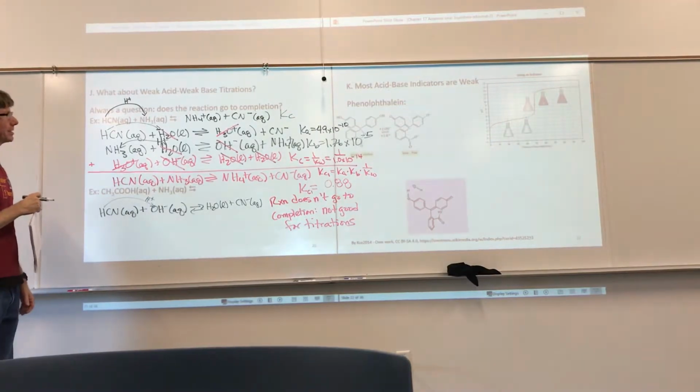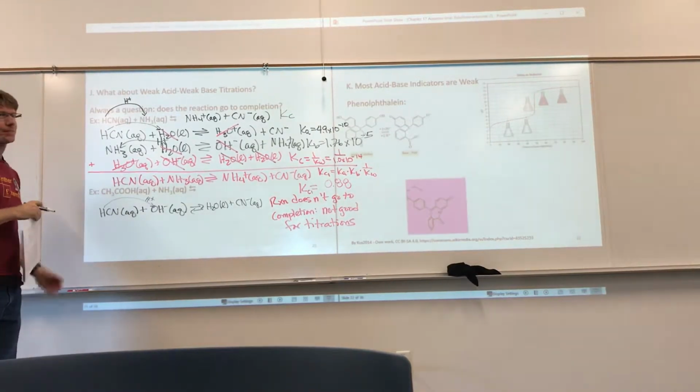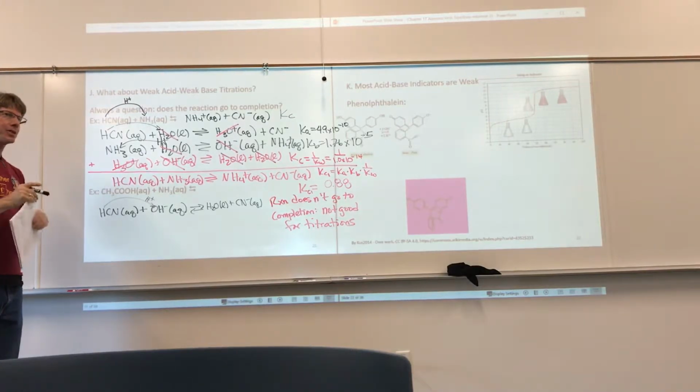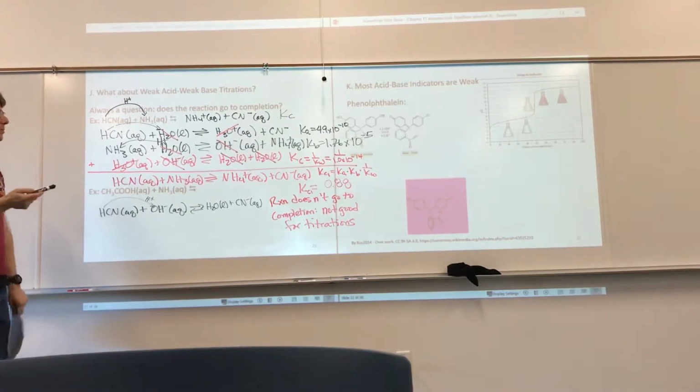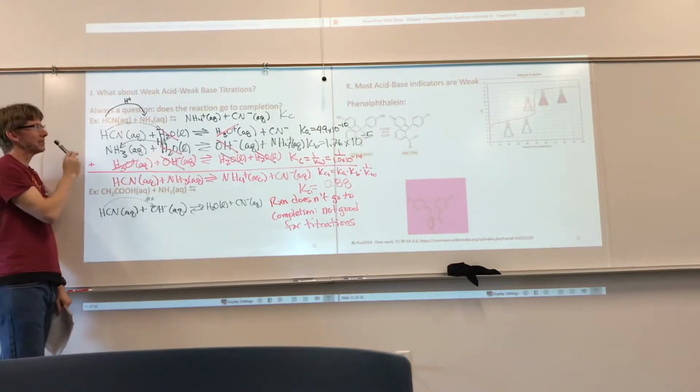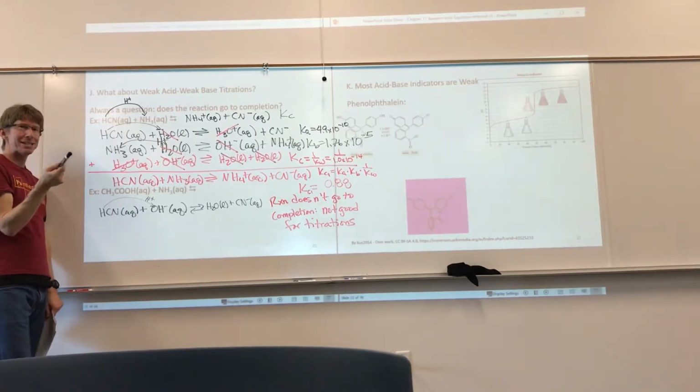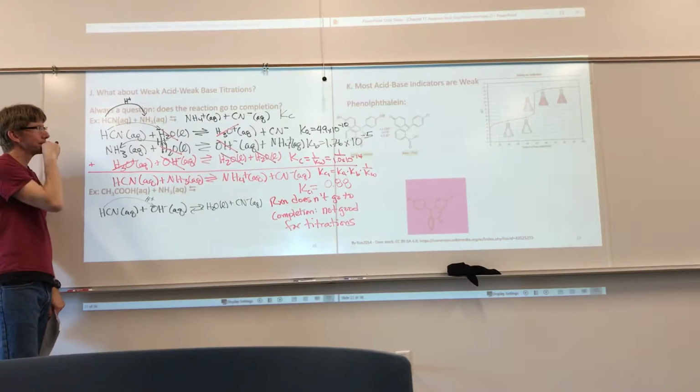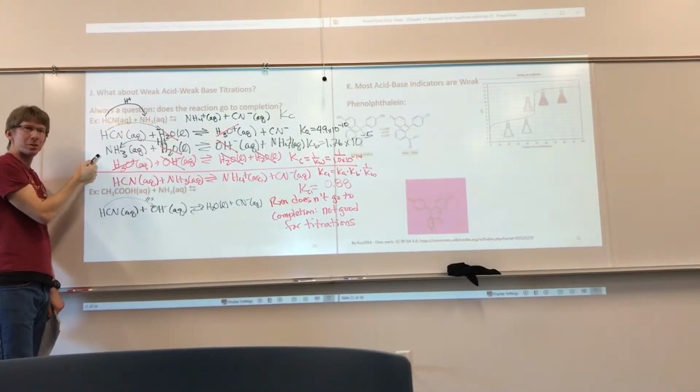I'm trying to think. Is this like a case where we would like to make a primary standard? So is this a case where we would make a primary standard? I would say for titrations, yes, and only for good ones.